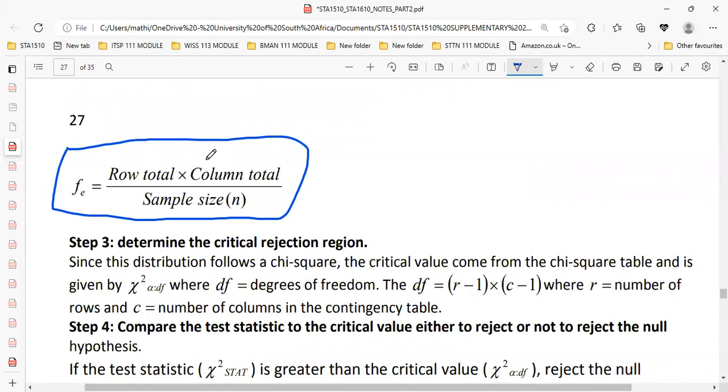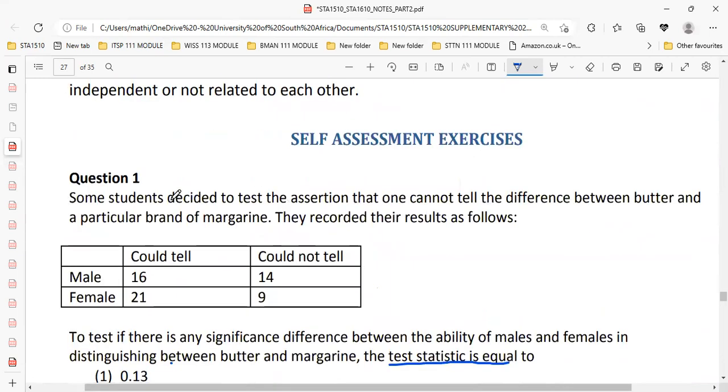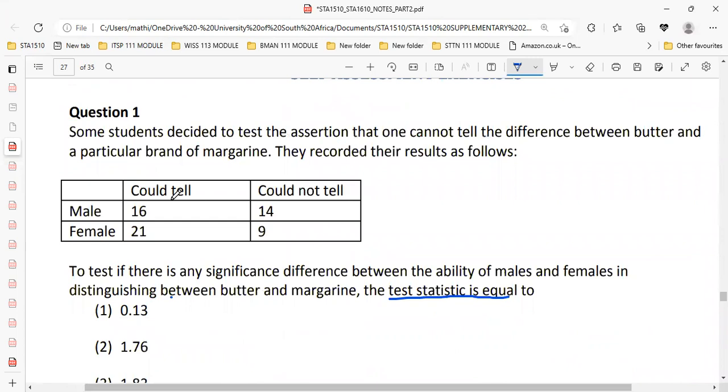Very simple, interesting. It is row total multiplied by column total. When we look at this question, we have male, we have female, and the columns could tell, could not tell. We don't have the totals. It's like when we are dealing with chapter 4, basic probability.